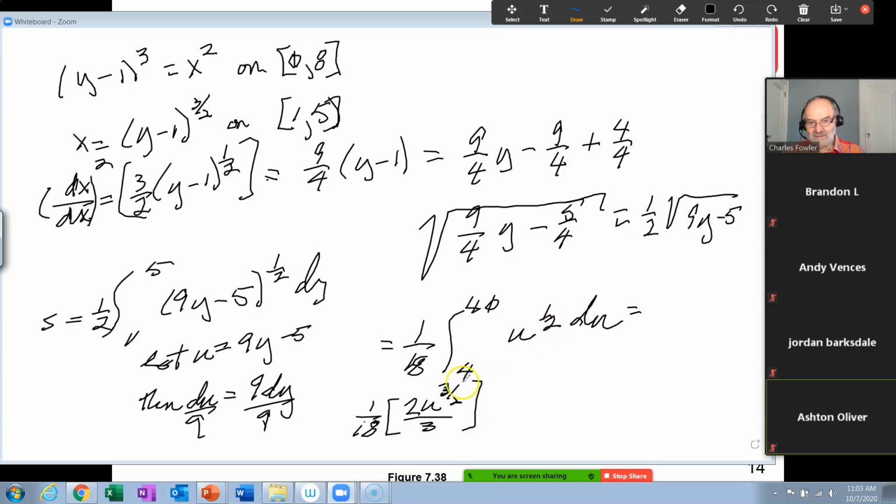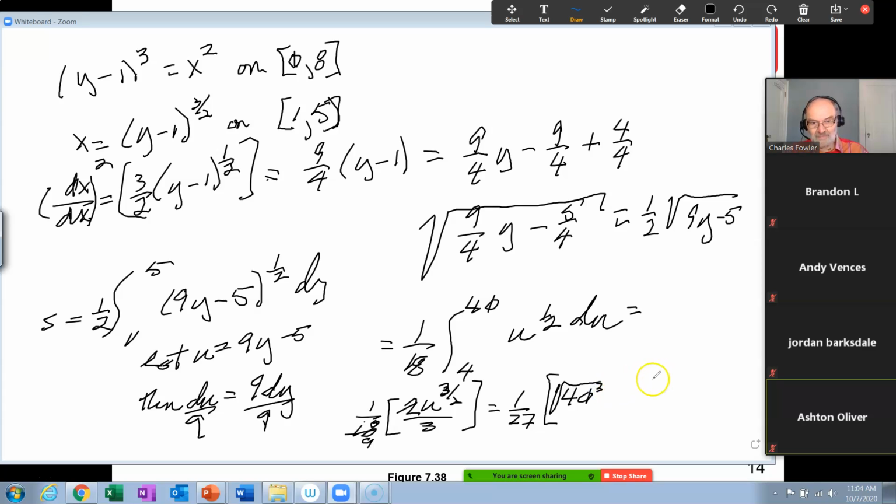Antiderivative of that: increase the power by 1, good old power rule, divided by 3/2, which is multiplying by the reciprocal. Well, 2 into 18 is 9, so this gives me a 1 over 27 on the outside, and on the inside we're going to take the square root of 40 cubed.